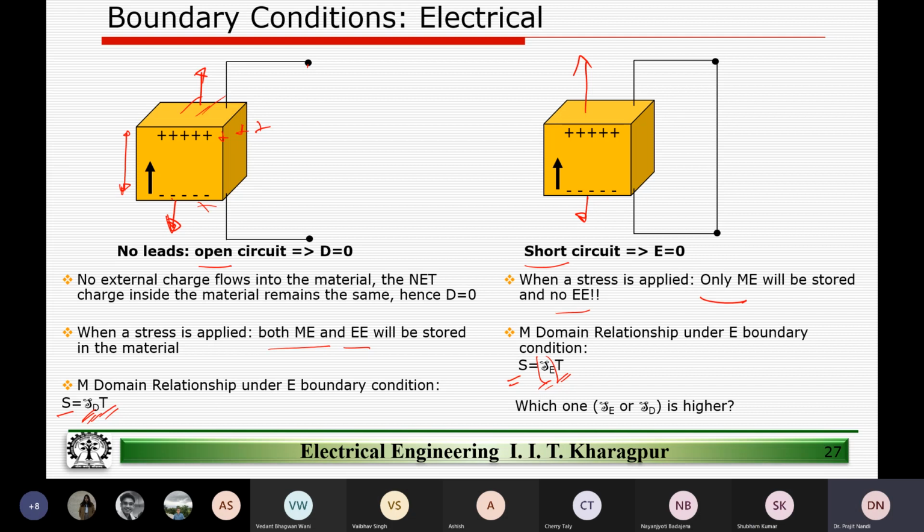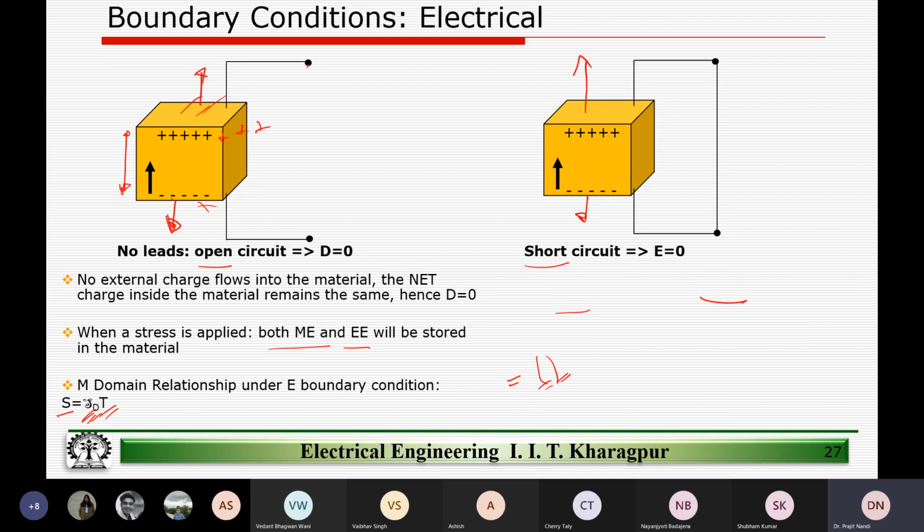One correction, Shubham, sorry to interrupt. We are not talking of this as an actuator or a sensor yet. We are just trying to study the mechanical property, the mechanical coefficient of this material, under two different electrical conditions.